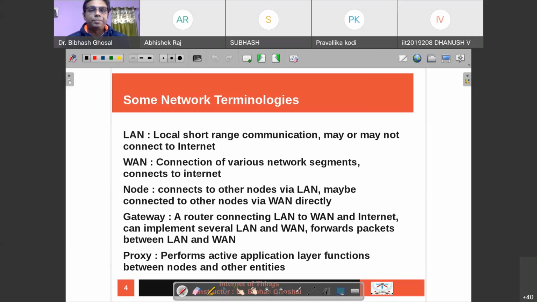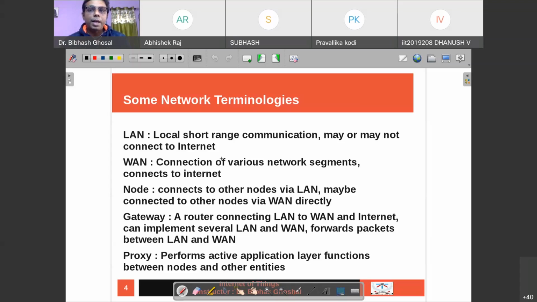Okay, but there are a few challenges. We'll talk about that. And you can even move to wide area network, which we call WAN, where you are going to connect various network segments. Now, you may be trying to deploy a lot of sensors, for example, your weather monitoring system, forest fire detection system, or even a smart irrigation system. So you will be deploying different kinds of sensors, where some sensor nodes will be deployed at a particular place in the field, and other sensor nodes at other places in the field.